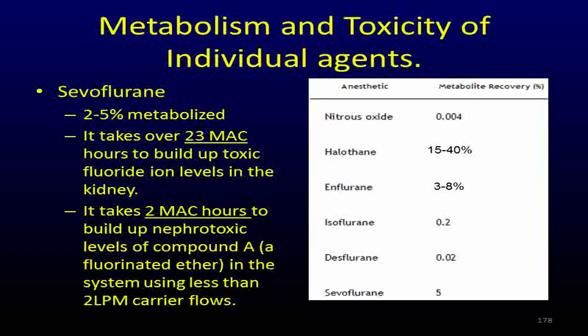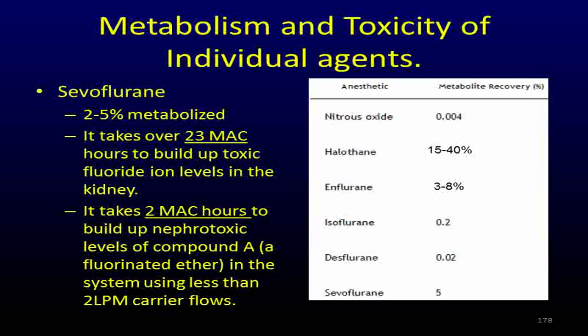When metabolized, 5% of it forms fluoride ions in the blood and in the kidneys, and fluoride ions are not real good for the kidneys. The next thing it does is combine with the CO2 scrubber to make a substance called compound A. If you have low flows, you breathe compound A in, and compound A will attack your kidneys.